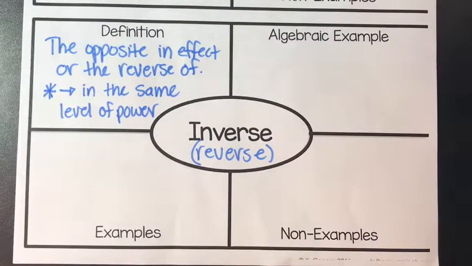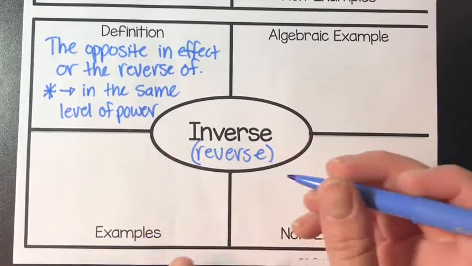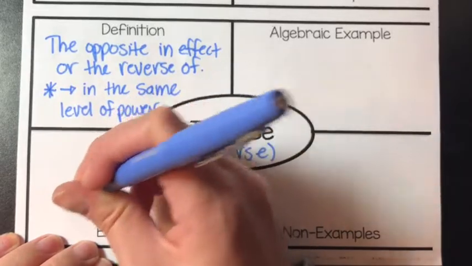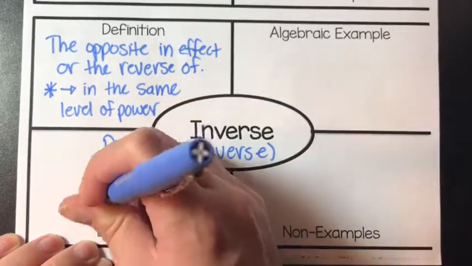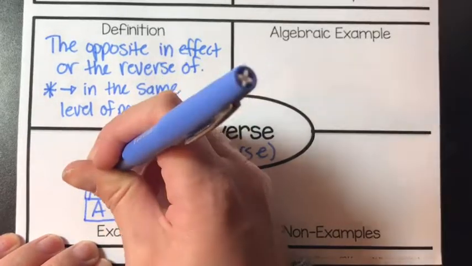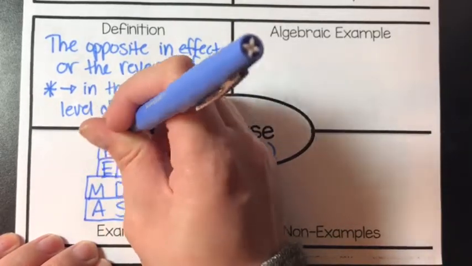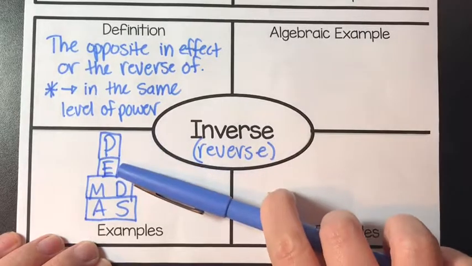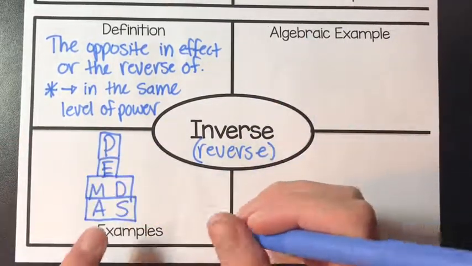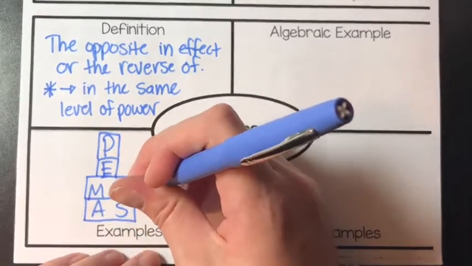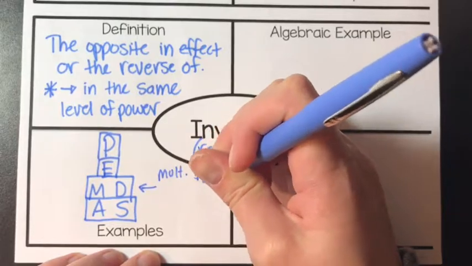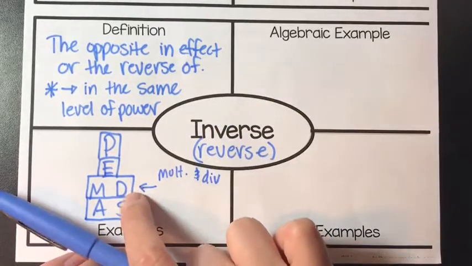So I'm actually going to jump down to an example, and I want you to write PEMDAS. And we write it up and down instead of left to right because we're talking about different levels of power. You look for parentheses first, then you look for exponents. When we're talking about inverse operations or the opposite, I want you to focus that multiplication and division have the same level of power.